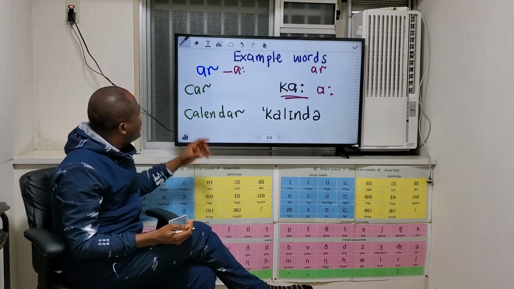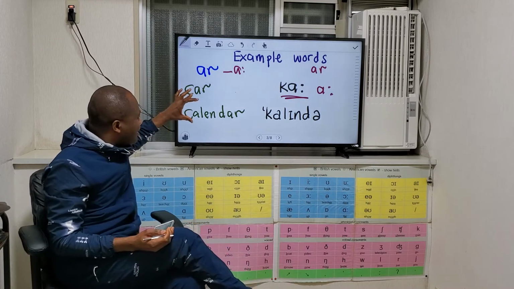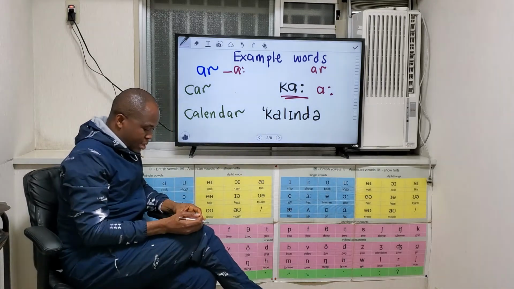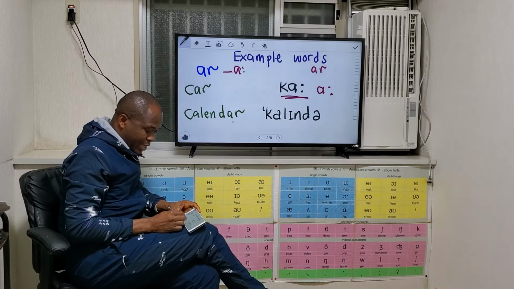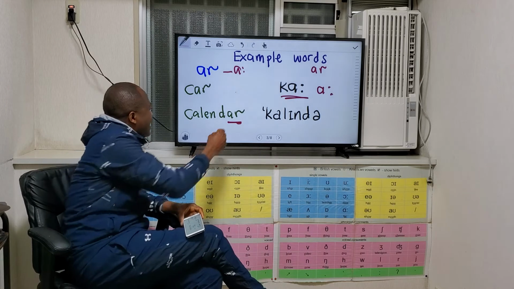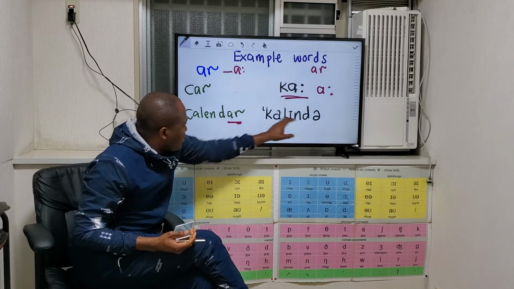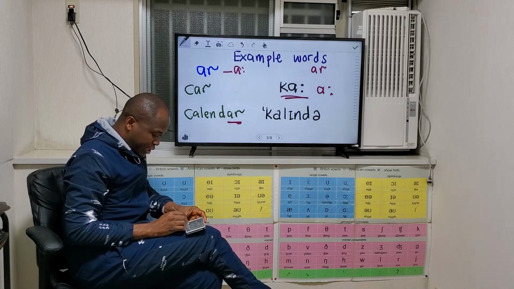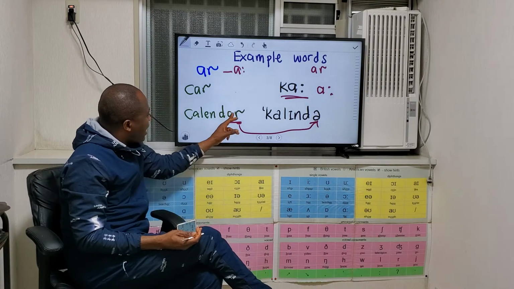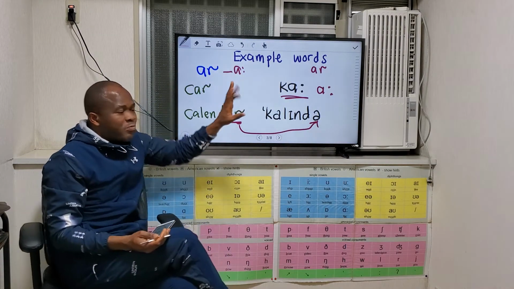Then also look at the second part. You look at the word calendar. If you look at the calendar, you can see that the last spelling of the word calendar has AR. That it has the AR ending. Then, with our spelling of pronunciation, the AR changes to the schwa. So in the beginning, I told you that the AR is capable of making two sounds.